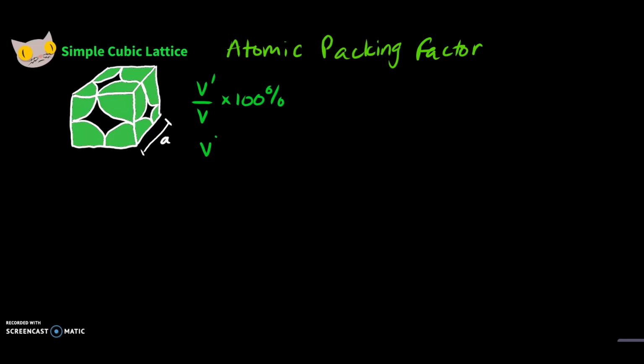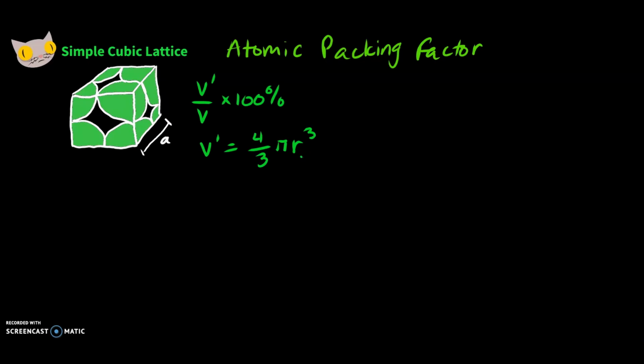Now, V prime is the volume of the atom, which we will assume is spherical. So we'll write out the equation for the volume of a sphere: 4/3 times pi times r cubed.